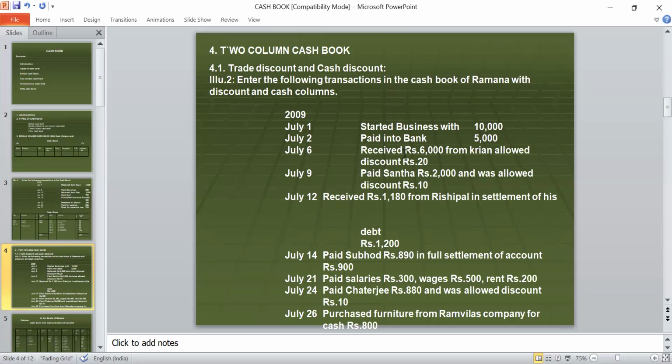And third one, most important: received 6,000 rupees from Kiran and allowed discount rupees 20. So he clearly mentioned discount. Received 6,000, that is receipt nature. So how to enter this transaction in a double column cash book? This is related to the receipt transaction.